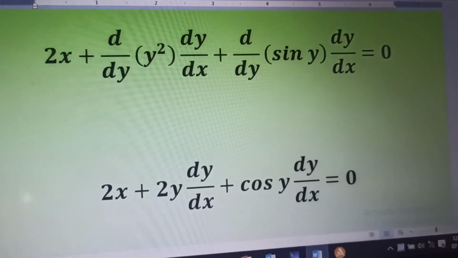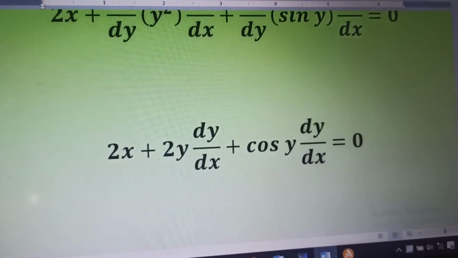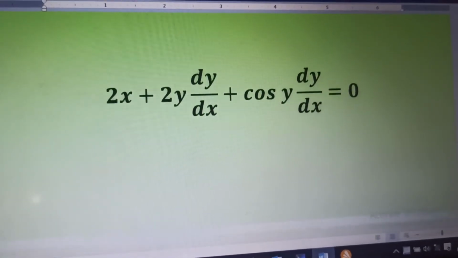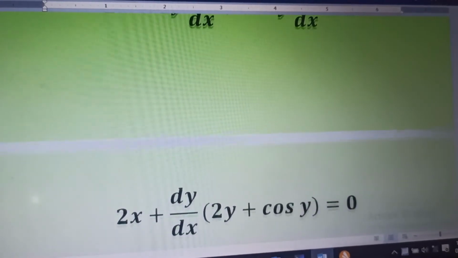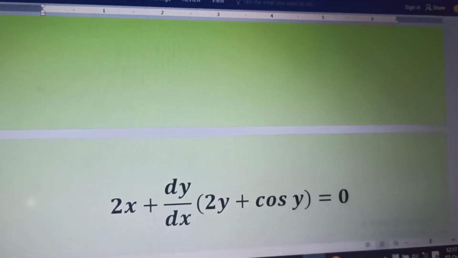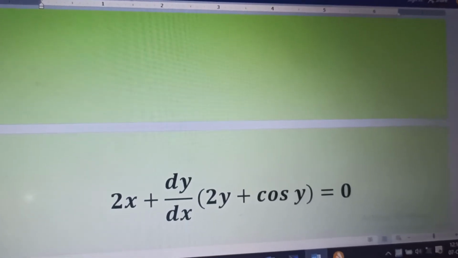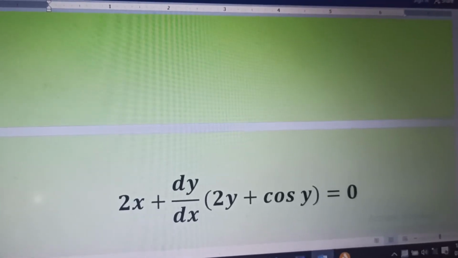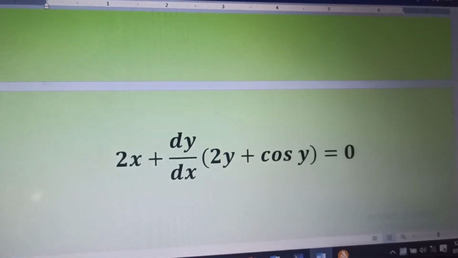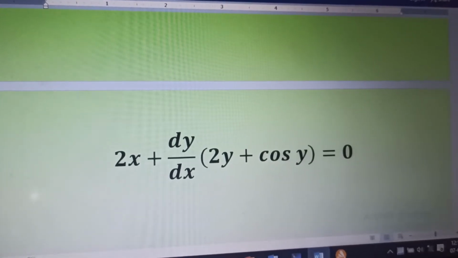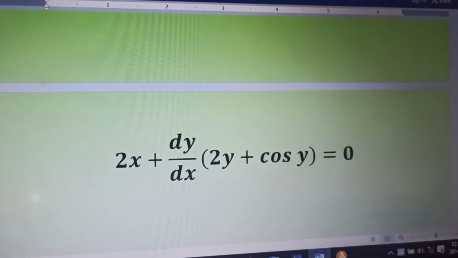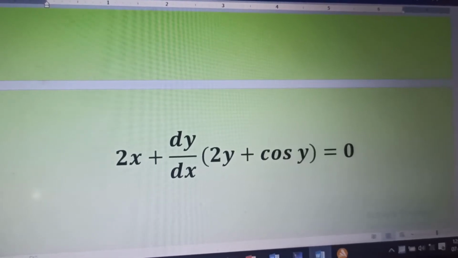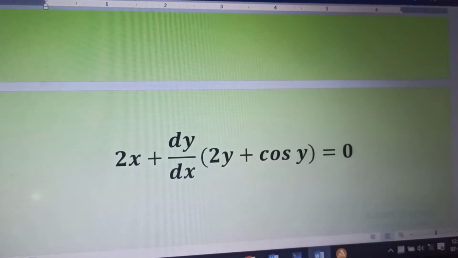Cos y dy dx, and all of them is equal to 0. So if we tidy it up, we will bring those that have dy dx in them together. We will have 2x plus dy dx into 2y plus cos y equal to 0.